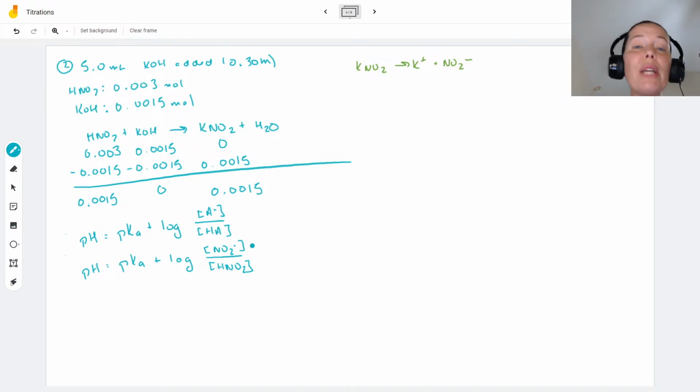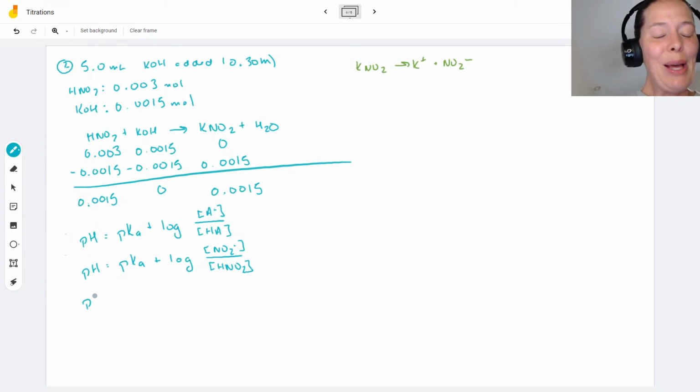Now, you can calculate concentrations and that is perfectly fine and you'll get the exact same answer. So if you want to be consistent and always calculate concentrations, please feel free. You will get the right answer. It is not a problem. I am actually going to put in moles here because I want to skip the step of calculating concentrations because I'm just feeling a little lazy today.